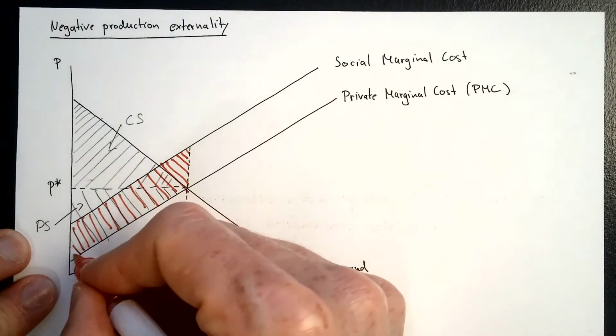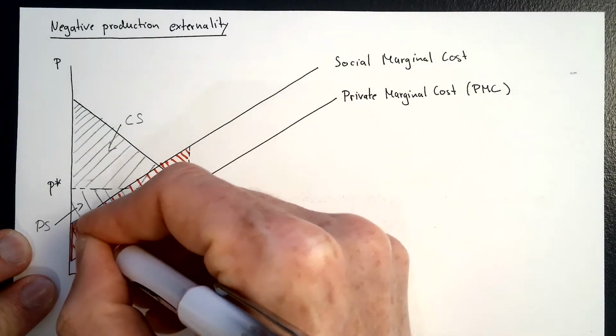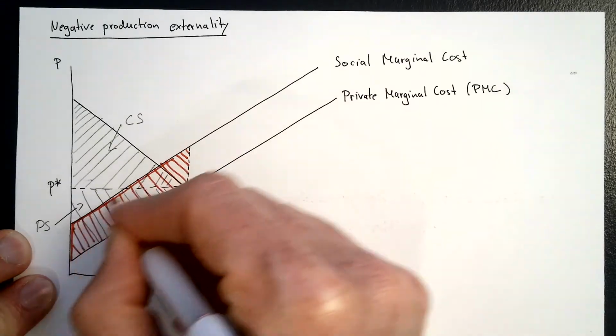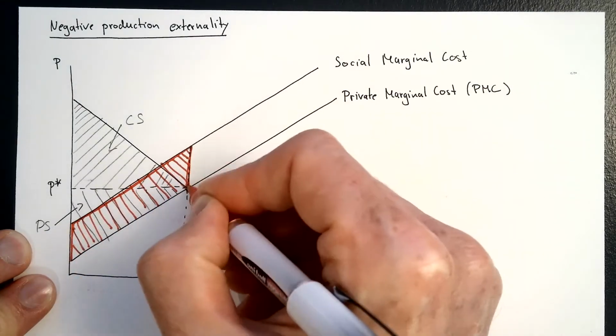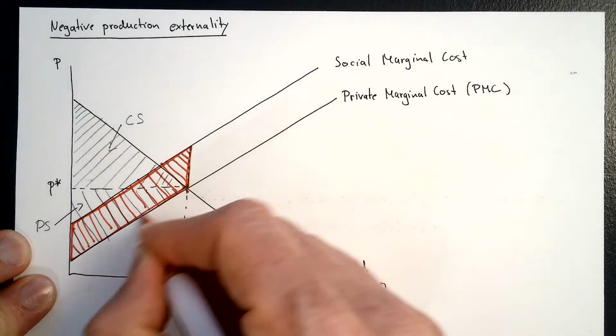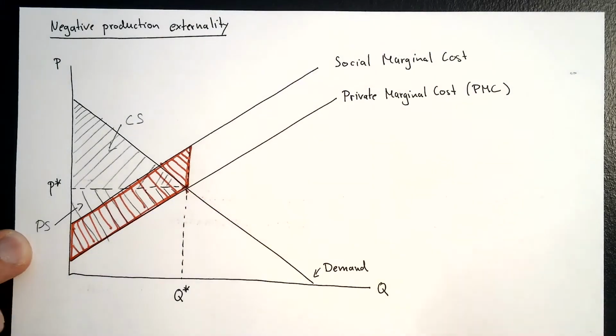It would be this shape here. This has to be subtracted from the consumer surplus and the producer surplus.